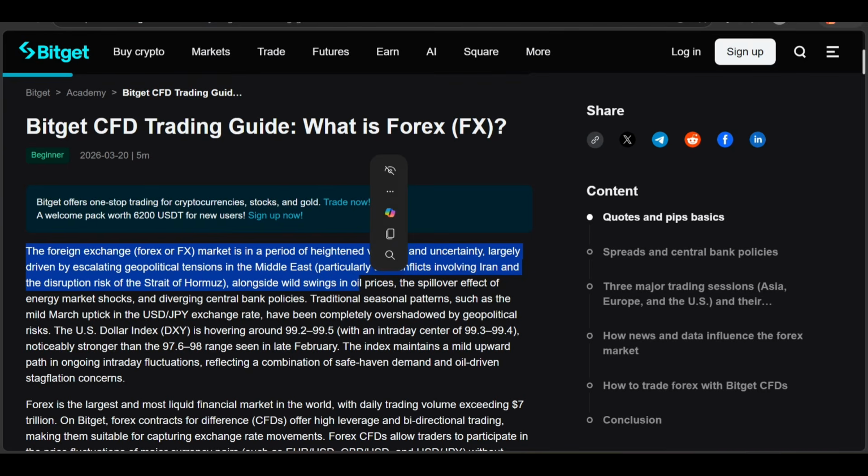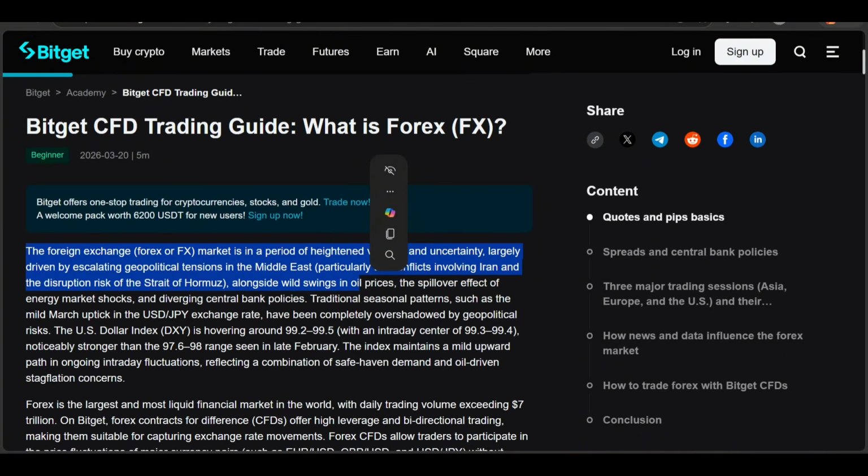Traditional seasonal patterns, such as the March uptick in the USD/JPY exchange rate, have been completely overshadowed by geopolitical risk. The US dollar index DXY is hovering around 99.2 to 99.5, with an intraday center of 99.3 to 99.4, noticeably stronger than 97.6 to 98 ranging in late February.